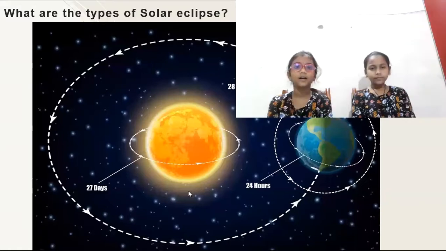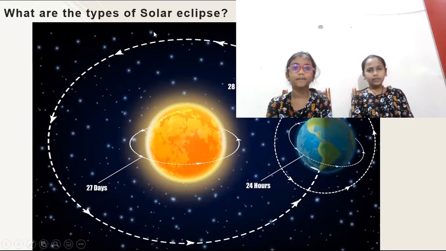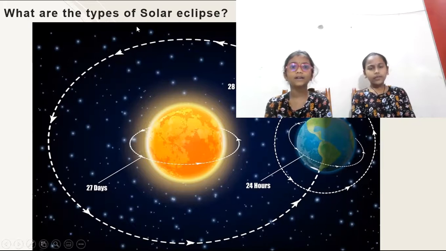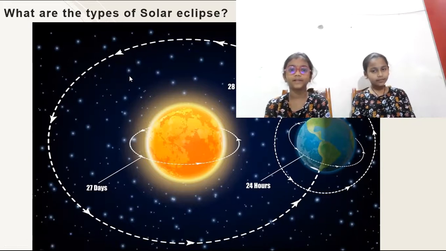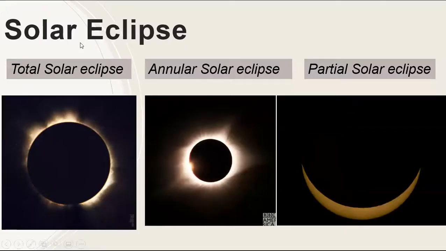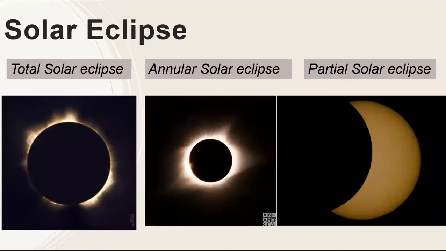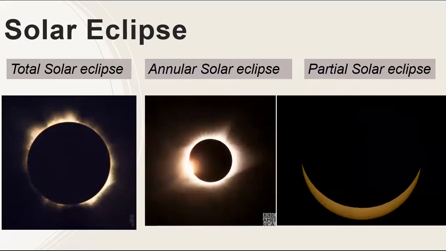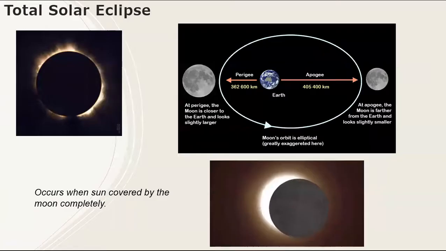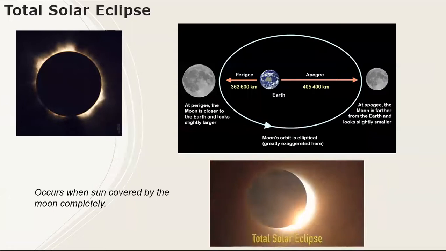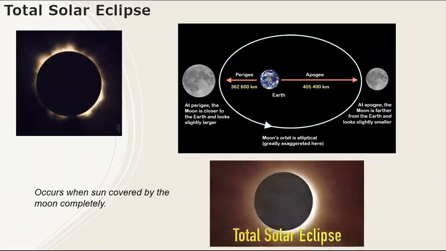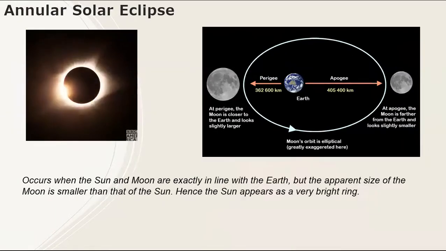What are the types of solar eclipse? There are three types of solar eclipses: total solar eclipse, annular solar eclipse, and partial solar eclipse. A total solar eclipse occurs when the Sun is covered by the Moon completely.